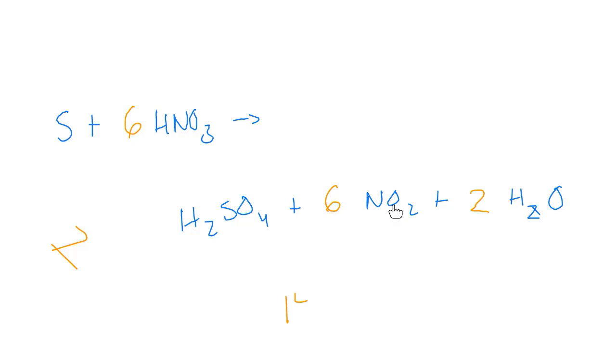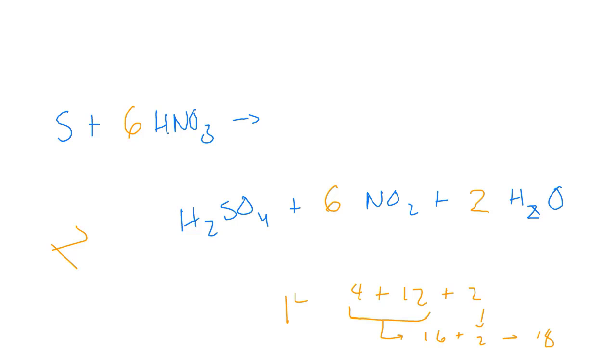So for 12, 16. 16 plus 2. Let me just double check my math is correct. 4, 12, and then 2. So yeah, this will be 16, and then plus 2.